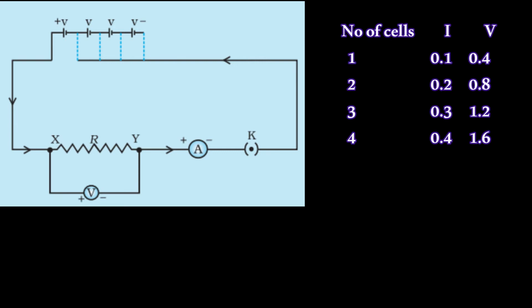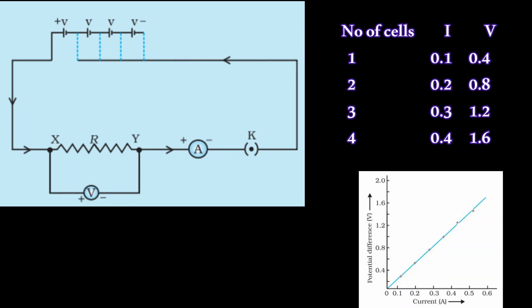Now in case I have to plot this in a graph, the nature of the graph is somewhat like this. You can observe that it is a straight line that passes through the origin of the graph. So V divided by I, if you calculate, will be a constant ratio.